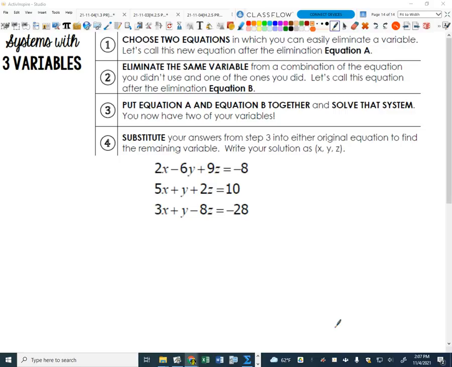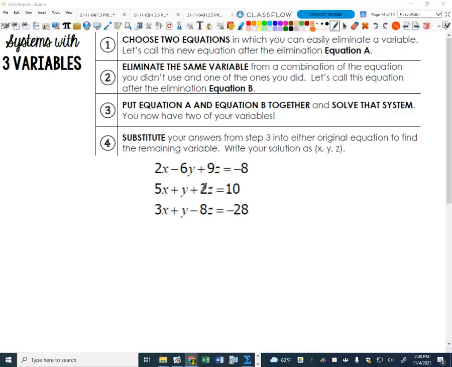For example, we could call these equations A, B, and C. If we take equation A and equation B, could we eliminate a variable from those 2 using elimination, just like we did previously, by multiplying both equations potentially by a number so we can add vertically and eliminate a variable? And then could we do the same thing for a different set of 2 equations? In this case, does everybody see that the y's would be pretty easy to get rid of, right?